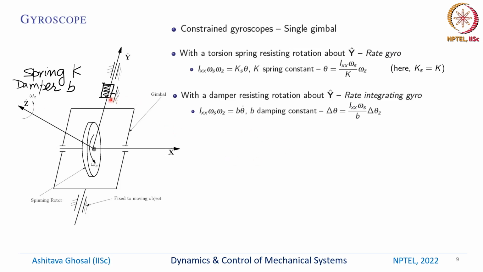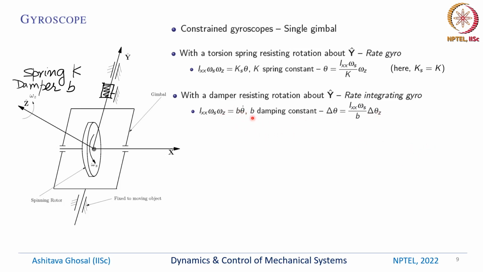If you also have a damper which is resisting this motion about the y-axis, these are called rate integrating gyros, because then what will happen is this Ixx omega s omega z will be equal to b into theta dot. Here it was Ks into theta. Okay, so this is a b into theta dot. So basically what it means is delta theta will be equal to delta theta z. So I am assuming omega z is some delta theta z divided by delta t.